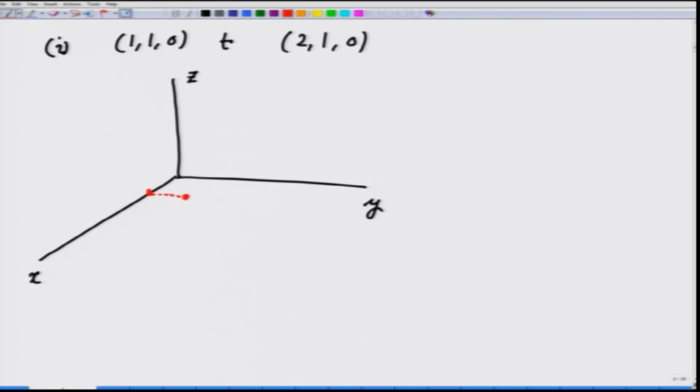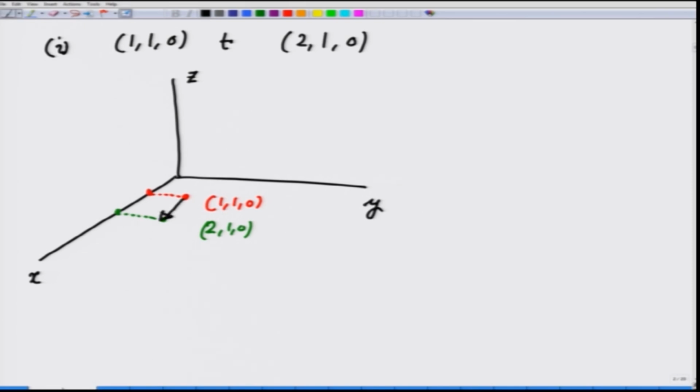This is point 1 1 0, and the vector extends from 1 1 0 to 2 1 0. So, the head would be 2 steps in the x direction, 1 step in the y direction. This is the point 2 1 0. So, vector obviously is now, its tail is at 1 1 0, head is at 2 1 0. So, the vector goes like this.